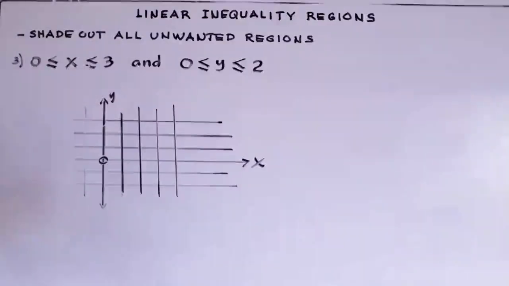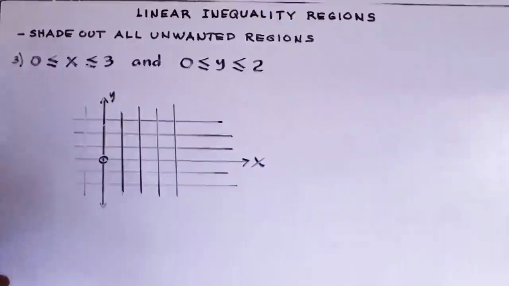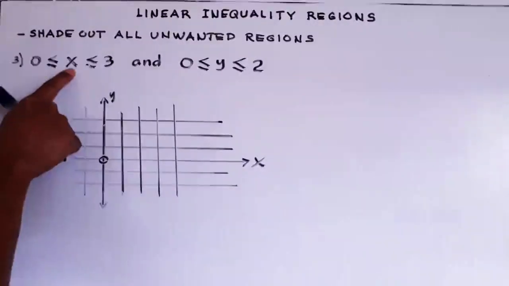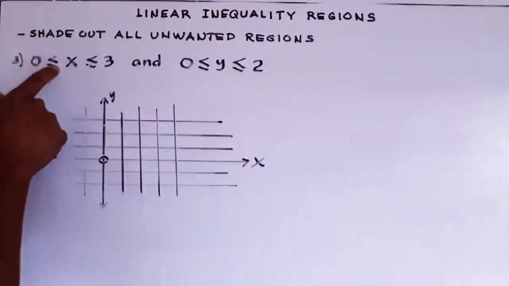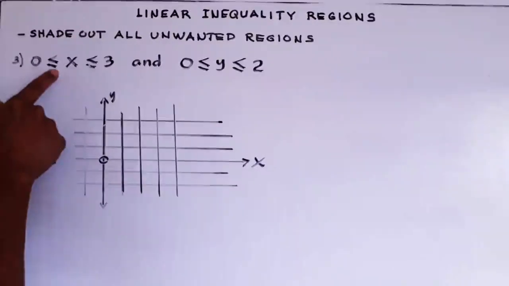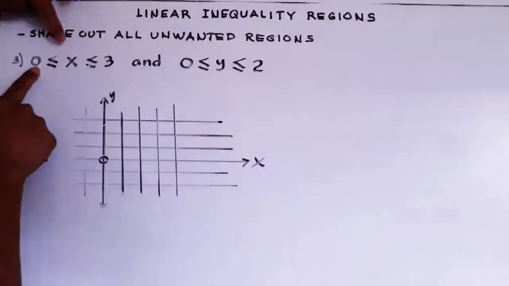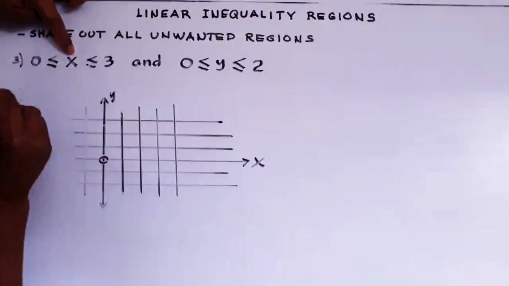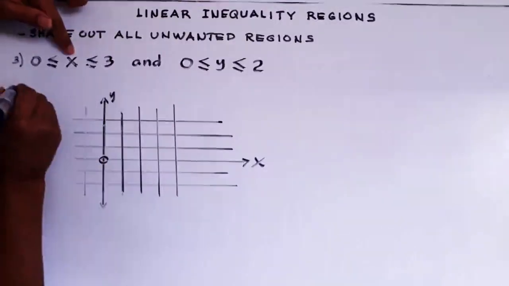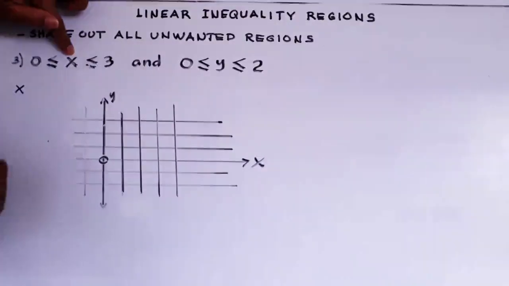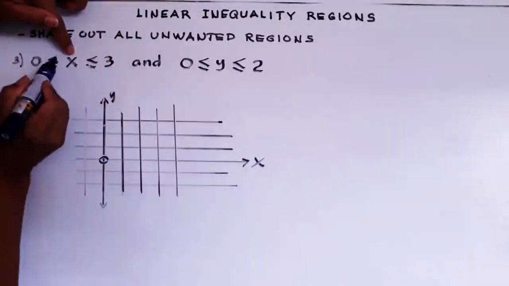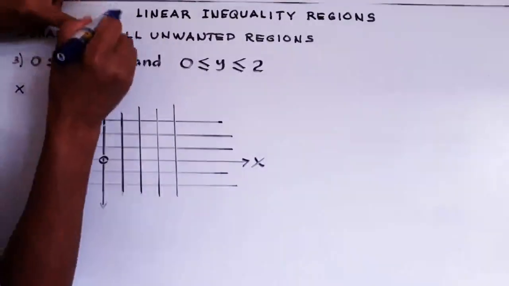Okay, let's have example number 3. So we have here x is greater than or equal to 0. So we're going to write this one here so you will not be confused graphing this one. For this one, x here, and you see that this one is big, bigger.